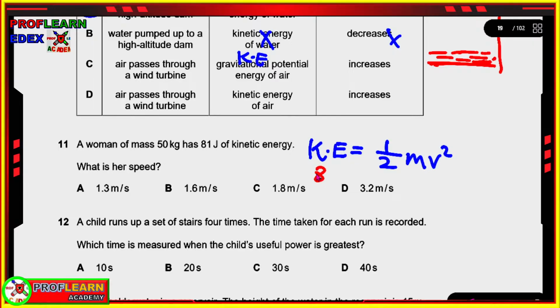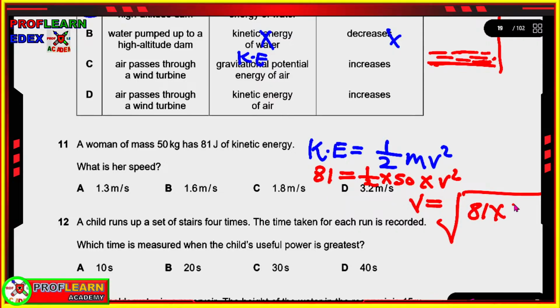So 81 joules is equal to a half times the mass of this woman, 50, times v squared, so v is going to be the square root of 81 times 2 divided by 50.